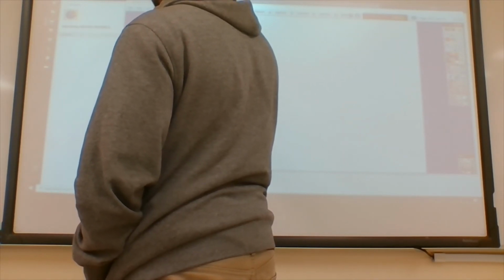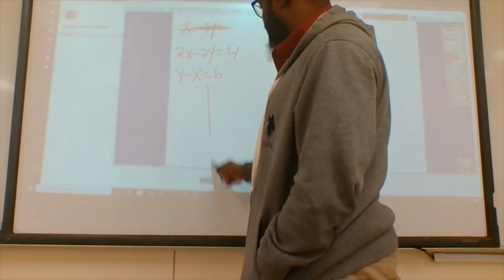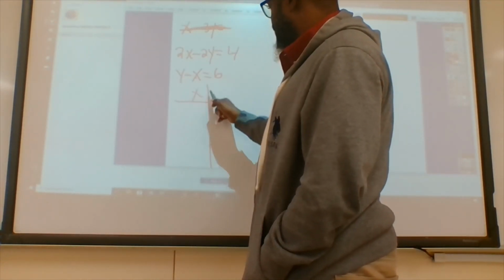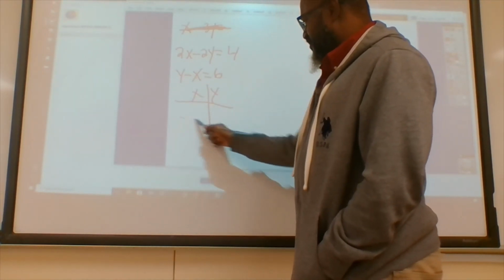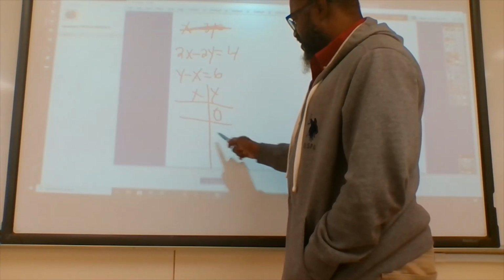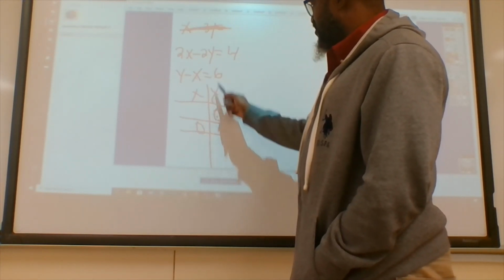Same thing again. Nothing changed. I let y equal to 0, I'll have 2x is equal to 4, this is 2. If I come here and let x equal to 0, this will give me negative 2. So this is my two ordered pairs.